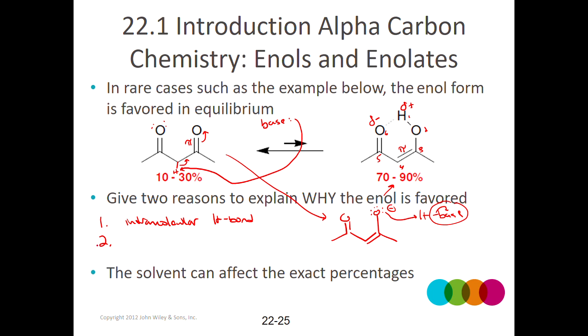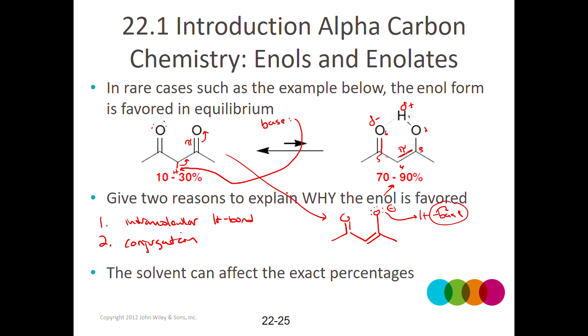A secondary and also important reason is conjugation. Over here, the pi bonds are conjugated. So there's p orbitals on every one of these atoms, the oxygen, the carbon, the carbon, the carbon. All 4 of those atoms that are involved in the pi bonds have p orbitals overlapping side by side. So the extra p orbital overlap between carbon 4 and the ones I've labeled 4 and 5 here really helps to stabilize that.